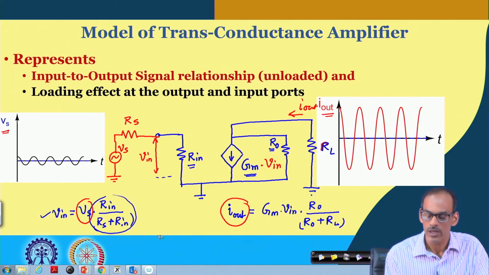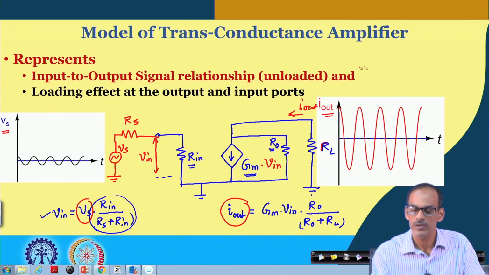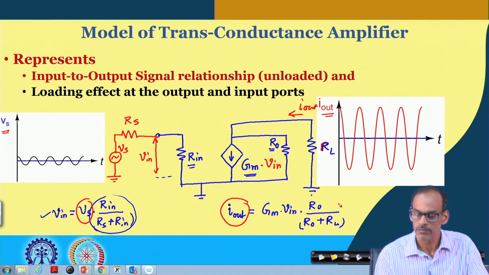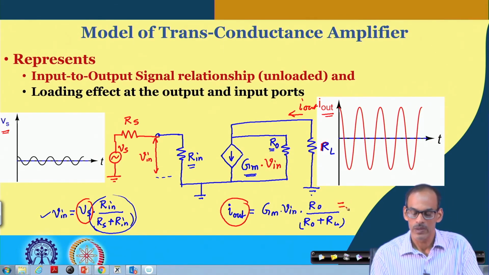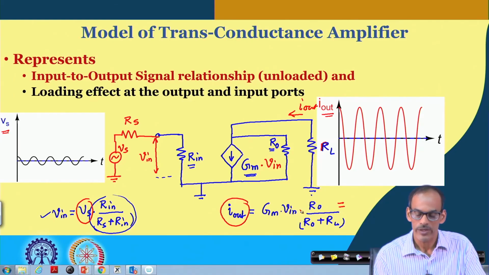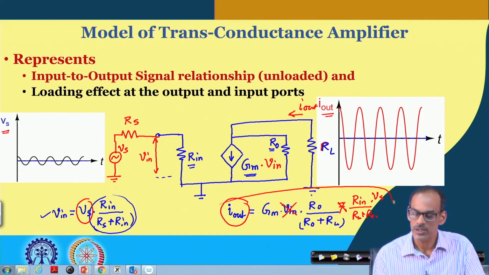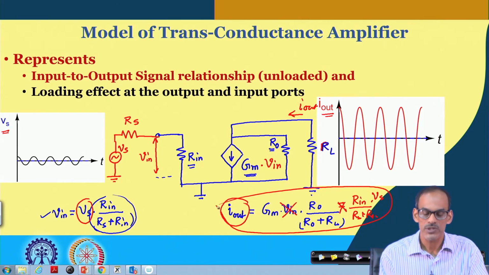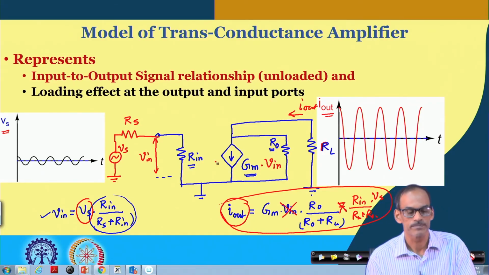So, I out will be, if I replace this part by its expression in terms of V s, R in divided by R s plus R in into V s. That gives us the overall gain of the circuit, capturing the loading effect at both the ports.